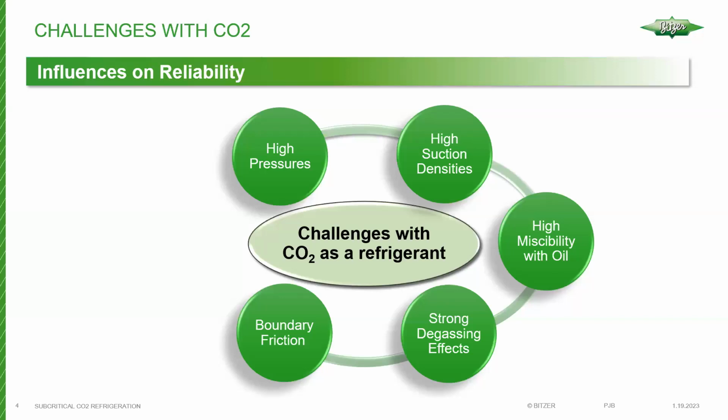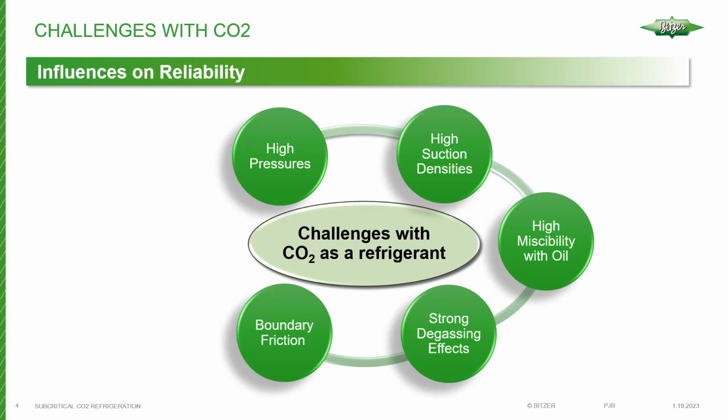And boundary friction, which is a consequence of not adapting a compressor and lubricants when we have high pressures and high densities, and a very miscible refrigerant oil combination. We can run into situations with boundary friction where the parts are lubricated, but they're almost making contact.